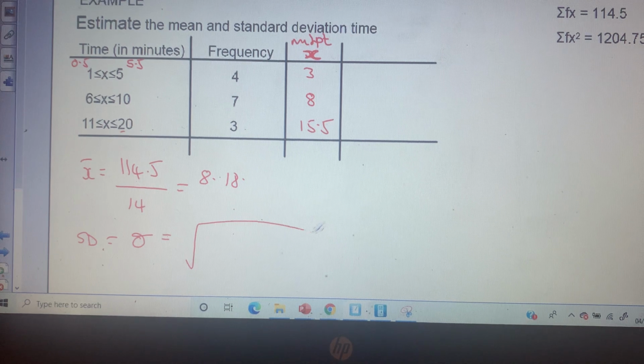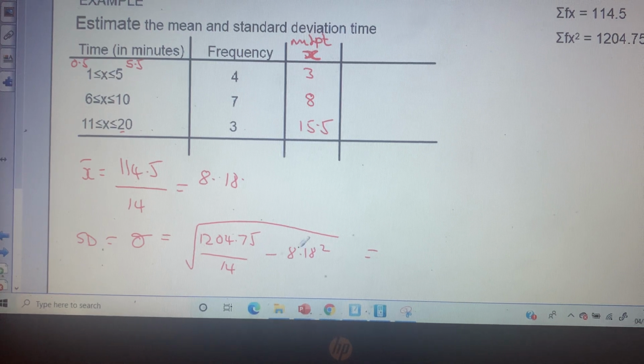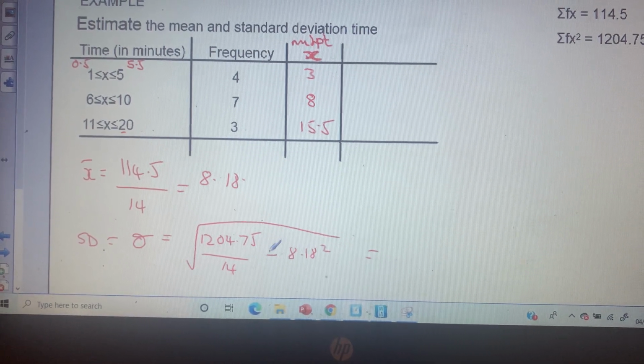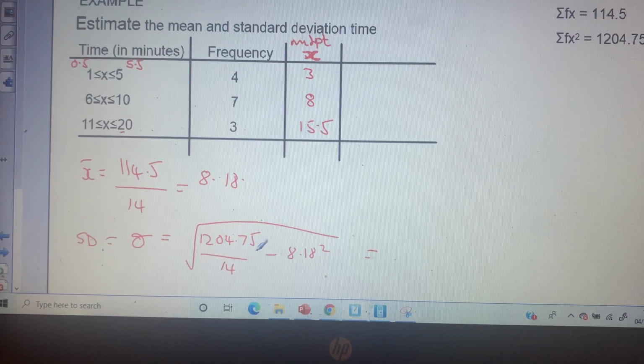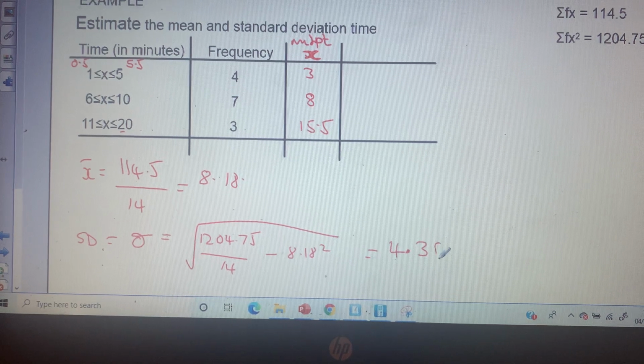It's going to be the square root of the sum of fx squared, 1204.75, all over my value of n, which is 14, minus 8.18 squared. But I don't really need to even do that. I'm just doing that because I feel it backs it up. It would be absolutely fine to just write down 4.38 off my calculator. So that's my standard deviation.